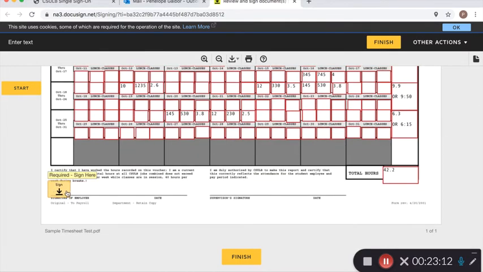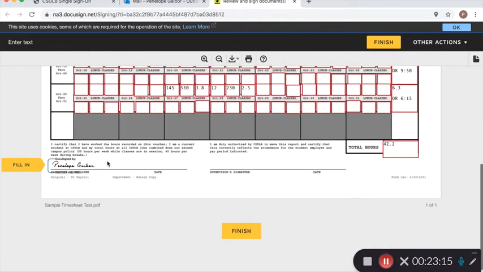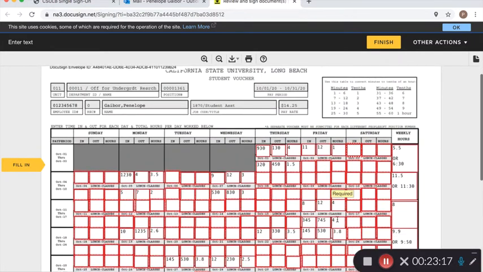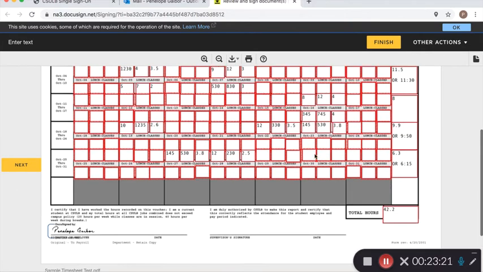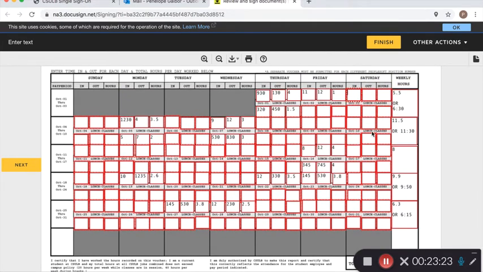So let's say I'm already done completing my timesheet. I'm going to provide my signature. And then I'm actually going to put finish. But as you can tell, it's not letting me submit the document. Why is that? It's because these are all fillable spaces and they're actually required to be completed. So what I would do is complete your hours first and then go in and input 0. Or you can put slashes, whatever you want. Obviously, don't put numbers because I'm assuming you did not work these days.